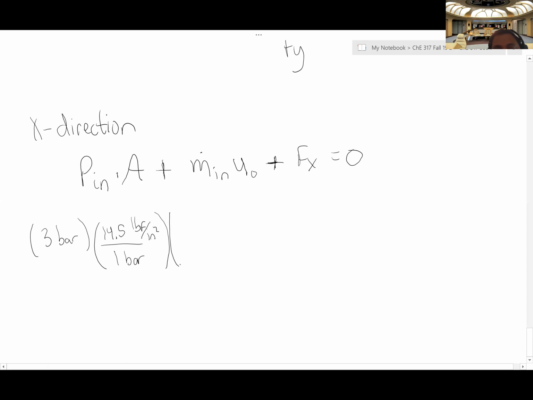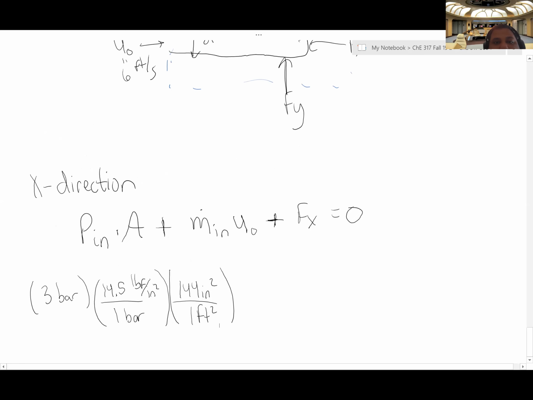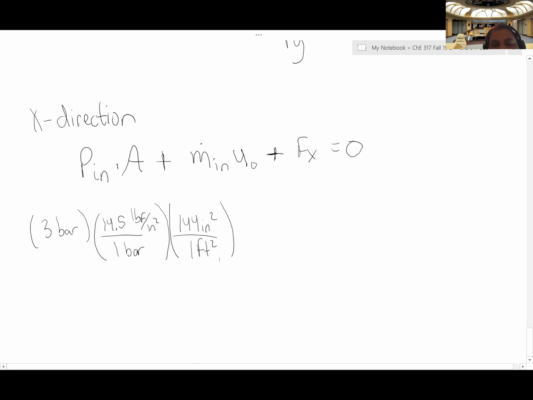I would also like to convert that square inch into feet squared and say that there's 144 square inches in a square foot. And then I can multiply that times my area that it's being exerted, which is the diameter of the pipe, that cross-sectional area.